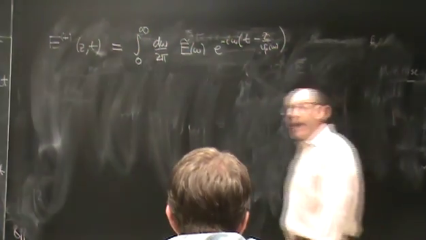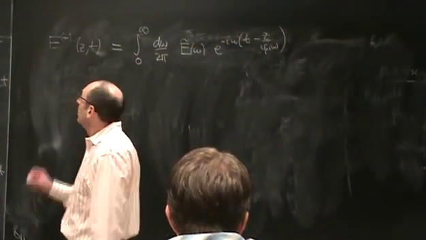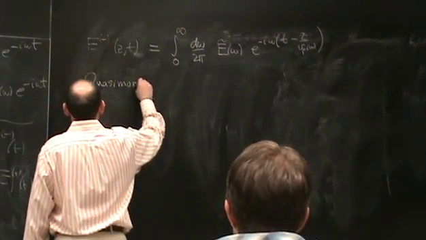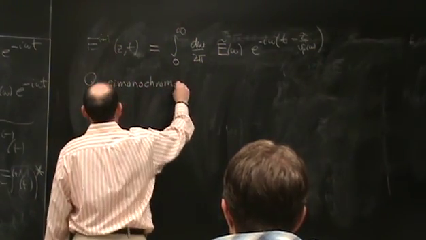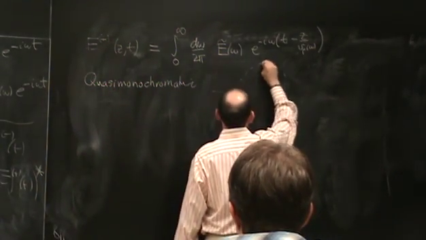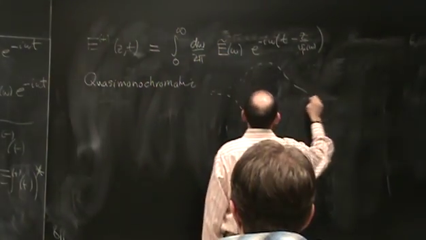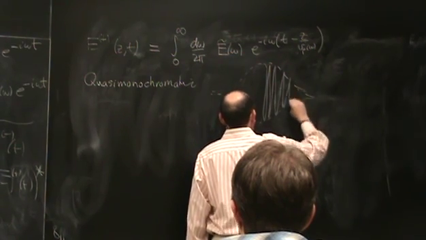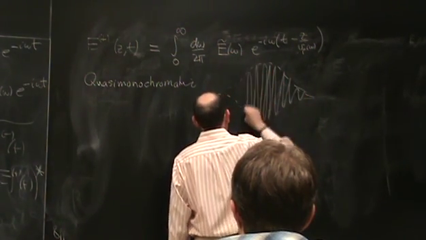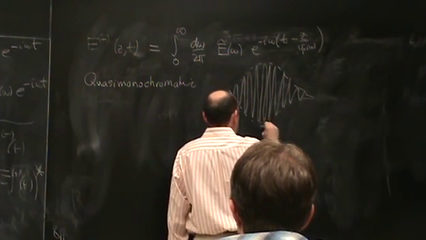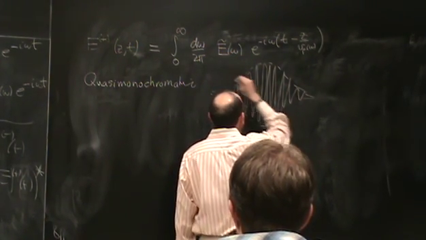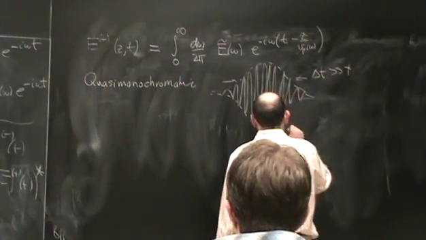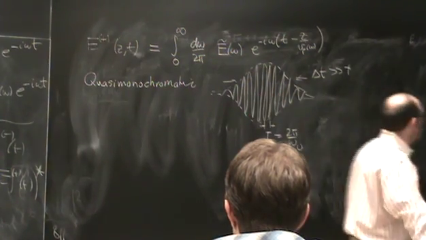Let's look at it for a specific case, the case where I'm going to think about a quasi-monochromatic pulse, not monochromatic. As we discussed, what we're talking about is a pulse of a certain duration with whatever shape it has, and it's got lots and lots of oscillations, where the period of oscillation T is tiny compared to the duration of the pulse.